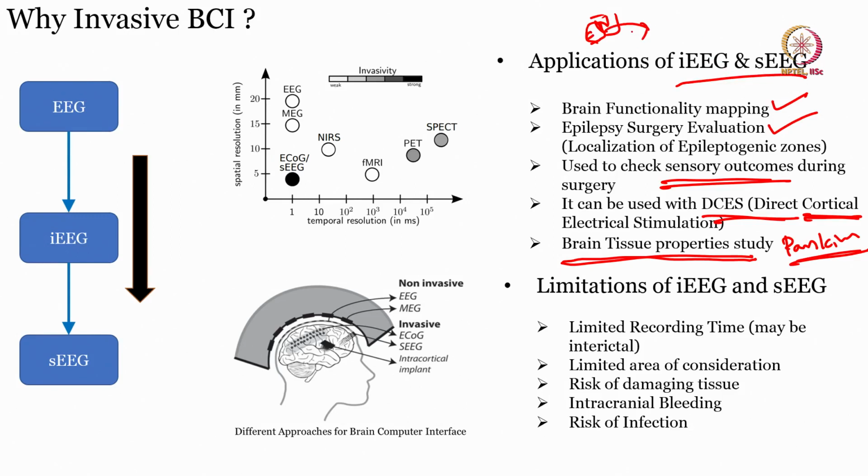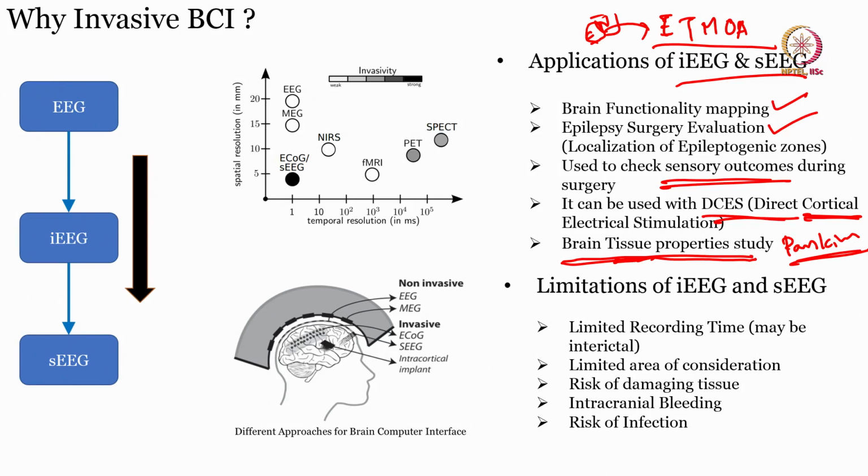There are different kinds of tissue properties which can be used: electrical, thermal, mechanical, optical, acoustic, etc. So there are different techniques of assessing a tissue. Based on that, a person will decide whether that particular part of the brain has lesions or a problem or not, in a very simplistic manner.